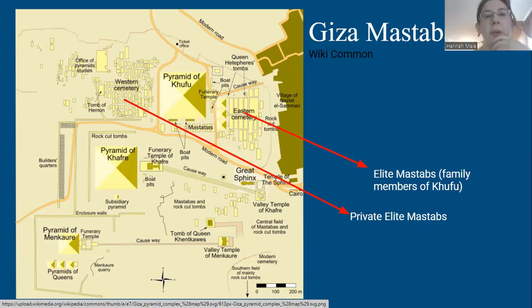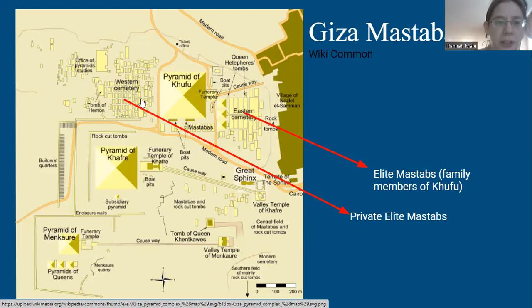So this is where we find some of the royal princess burials from this period. And then we also have a rather famous queen's tomb from this Old Kingdom period. She seems to be related in some way to Khufu as well. And that's the tomb of Queen Hathor here.